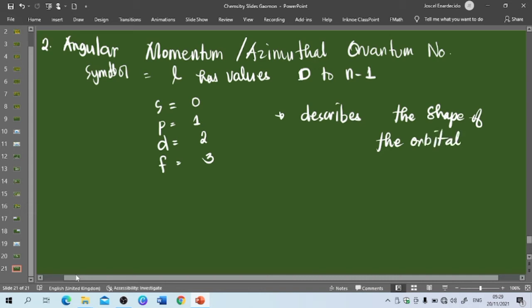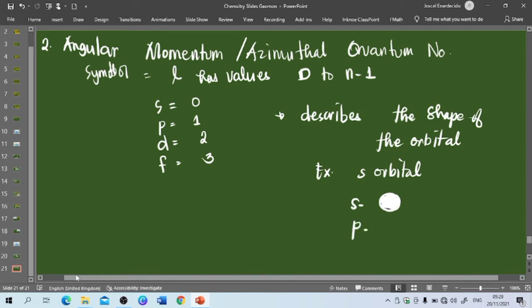For example, the S orbital has a shape that is spherical. This is what we call the S shape. How about the P?